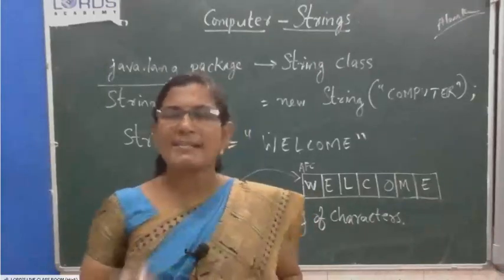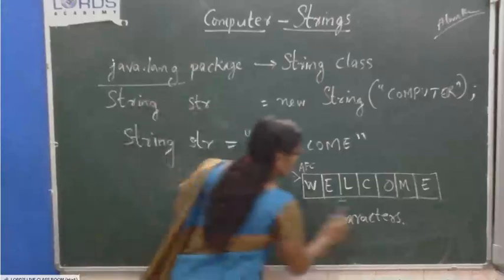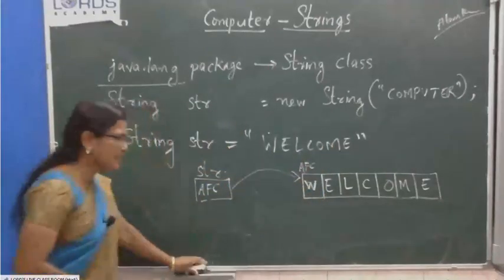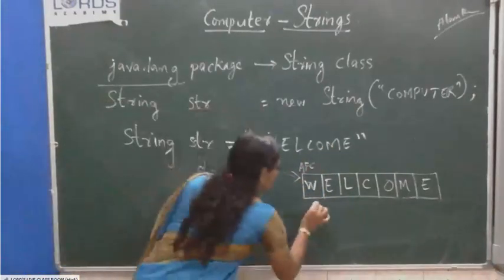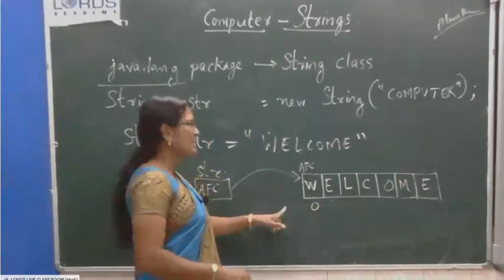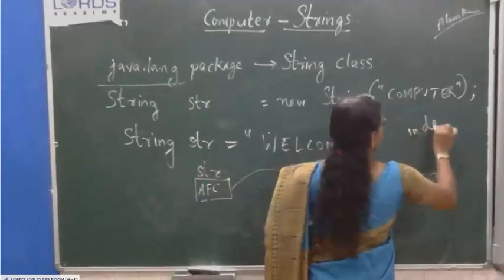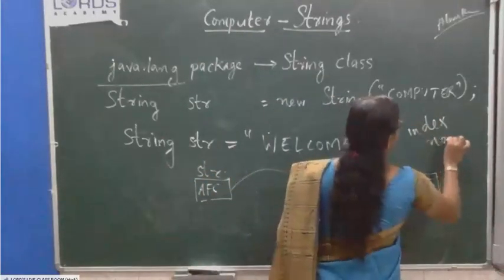That number starts from 0, and this number is known as the index number. From 0 onwards it starts. The first storage location has index number 0.